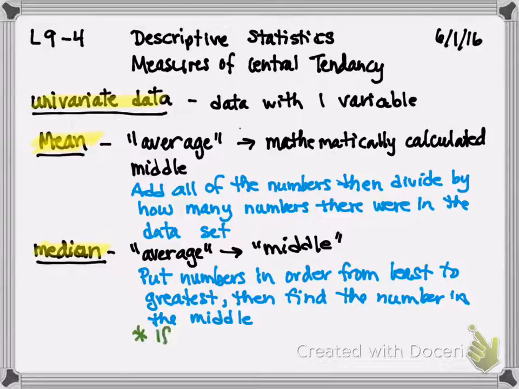So the median will fall between 2 numbers if we have an even set of data. So in other words, we've got 4, 6, 8, 10, 12, 14, 16, 18, so on, numbers in my group. Median falls between 2 values.